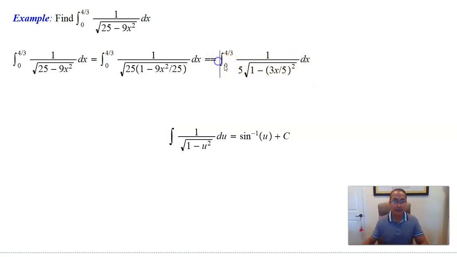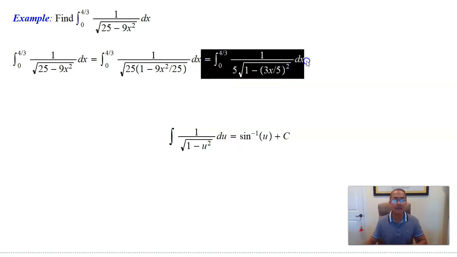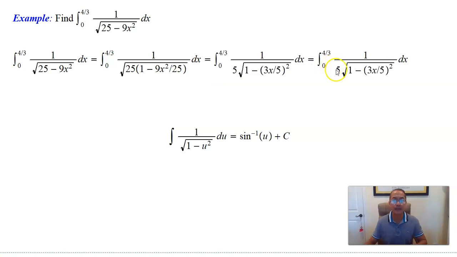We can, of course, take that 5 all the way out of our definite integral. And now we have the integral of 1 over the square root of 1 minus something squared. That something is going to be our u substitution. So we can go ahead and put the 5 outside, so we have 1/5 of that definite integral.